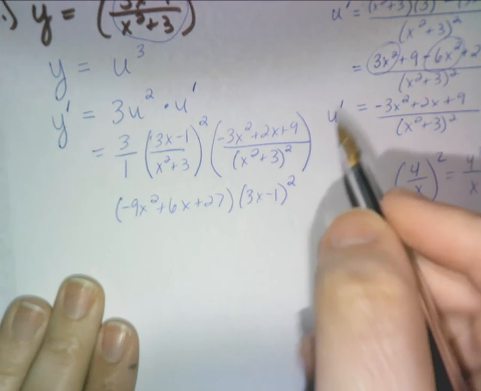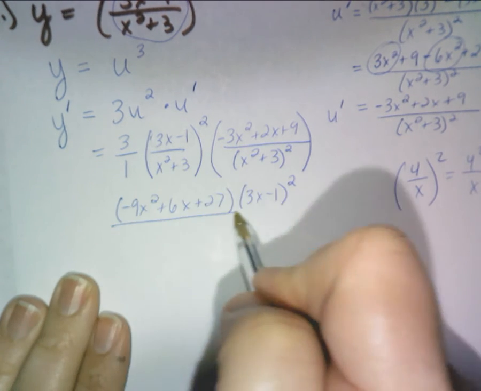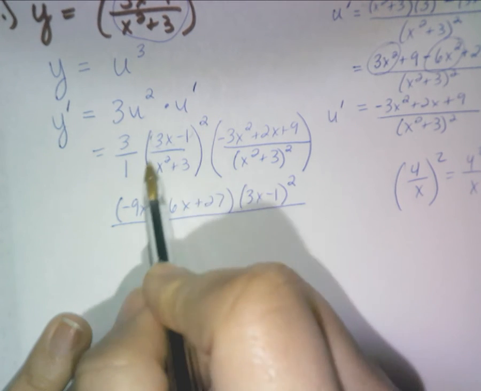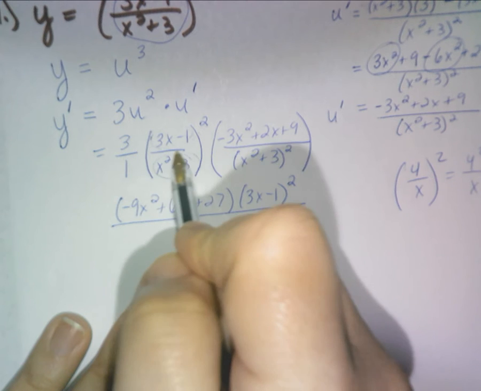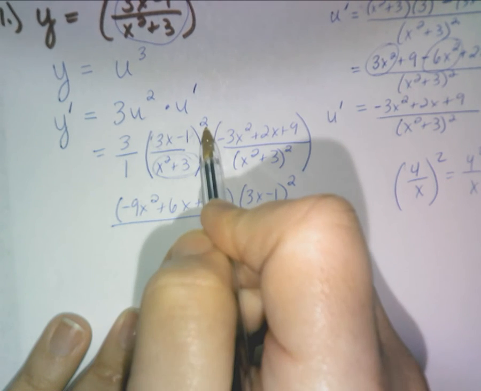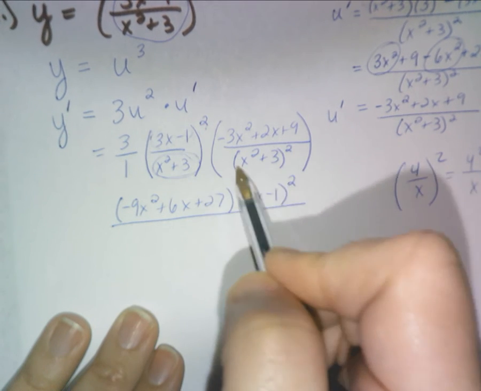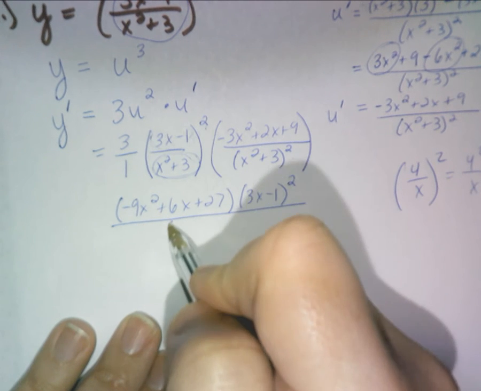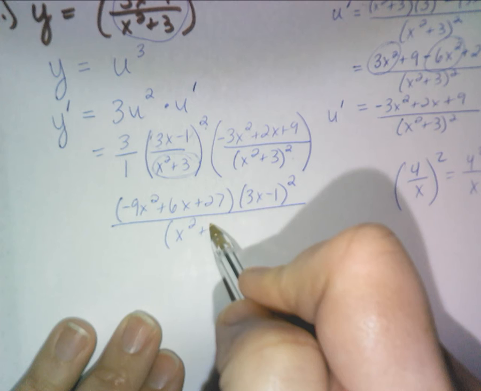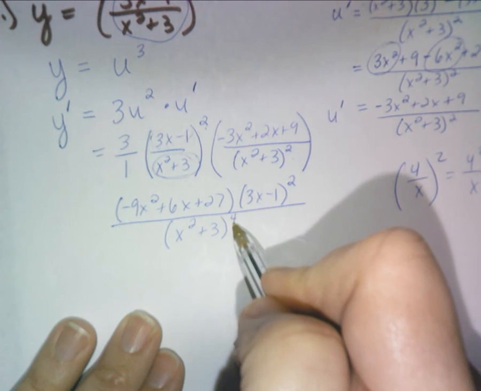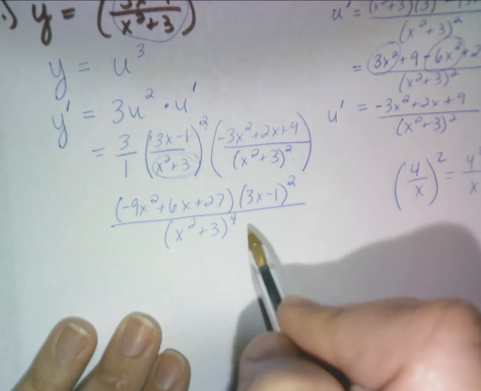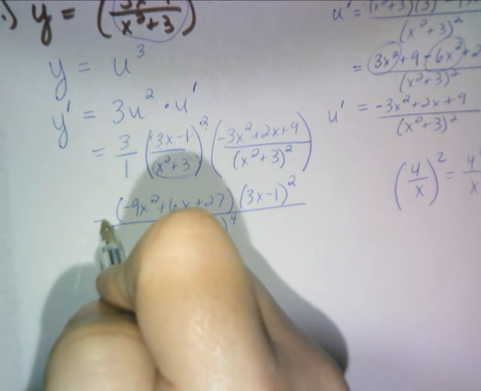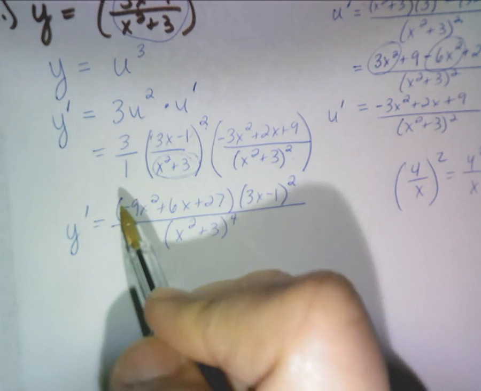I only want you to write this much out. But on this bottom, you have an x squared plus 3 which is being squared, and you have an x squared plus 3 which is already squared, to the fourth. So just write the bottom as x squared plus 3 to the 4th. And that's where I want you to stop. You do not have to FOIL anymore. That's it? That's what I want.